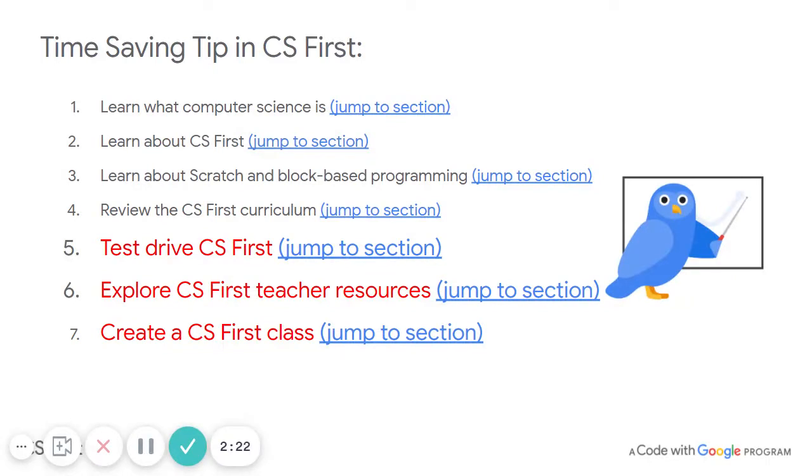For this presentation, I will cover all 7 points. However, there is a lot of information on 5, 6, 7 that it's very helpful that I will be sharing with you on this video to help you navigate some of the glitches that I experienced. But if you want to get going and explore on your own, please feel free to do so. Okay, with that time-saving tip out of the way, I will get started really quick.